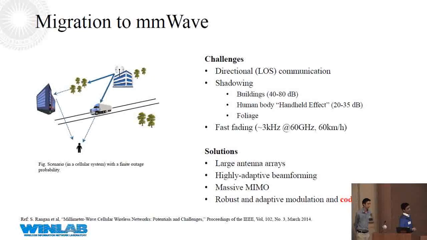And moving on to the encouraging results that have been shown, the solutions behind these results are things like large antenna arrays, highly adaptive beamforming, massive MIMO, and so on. And of course, robust channel coding and modulation, advanced modulation techniques.